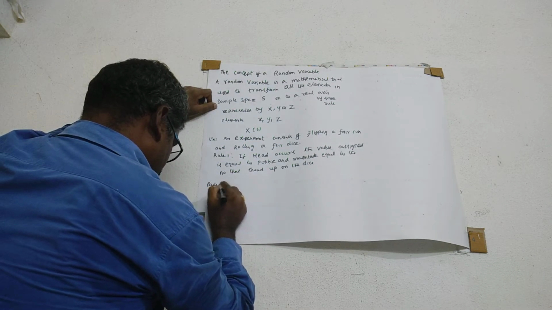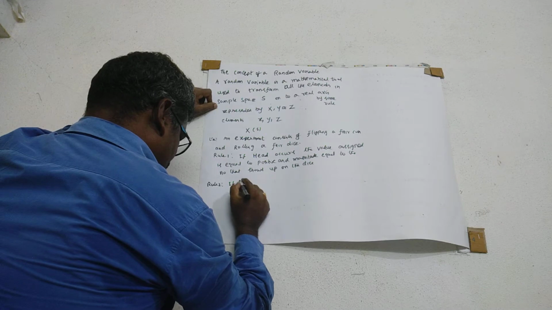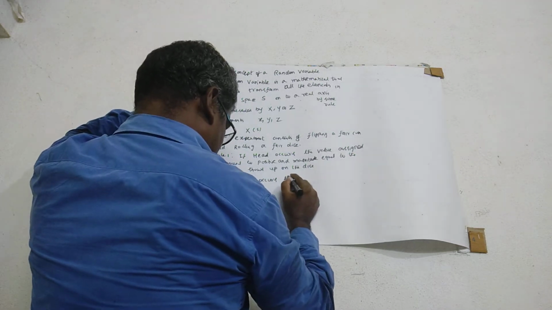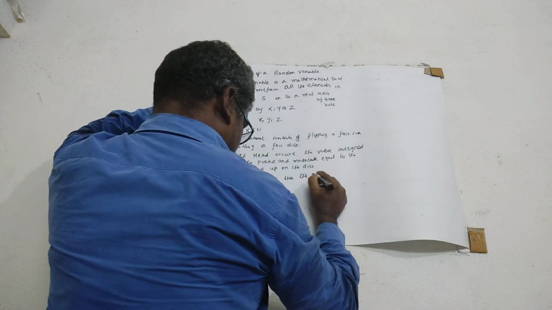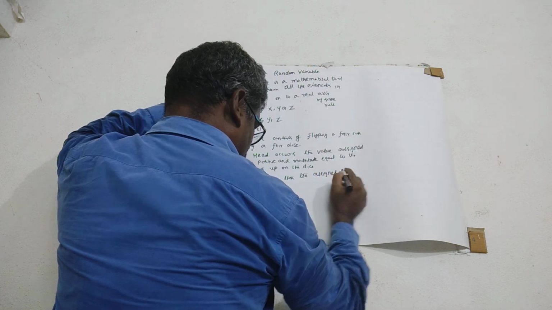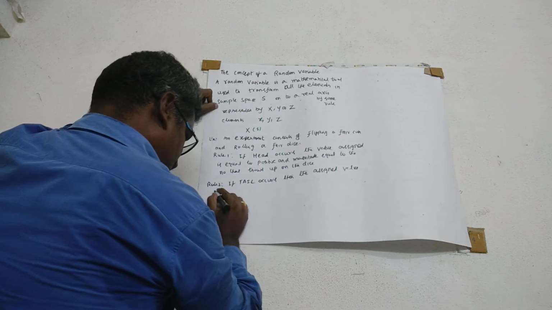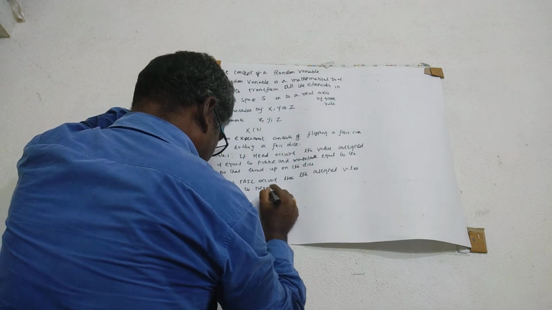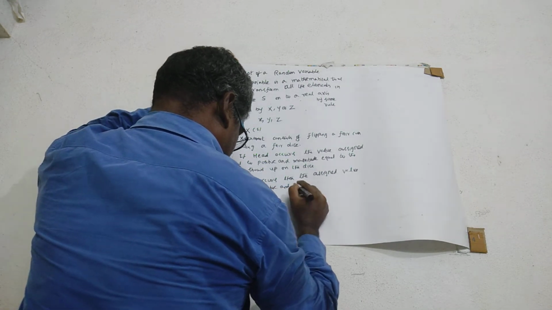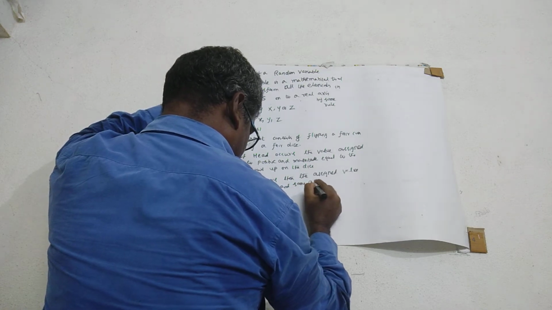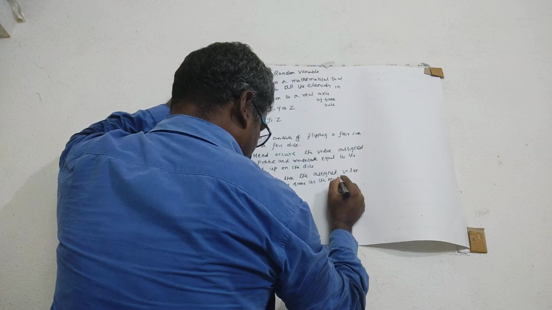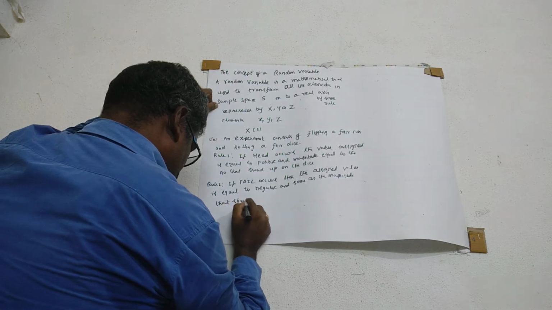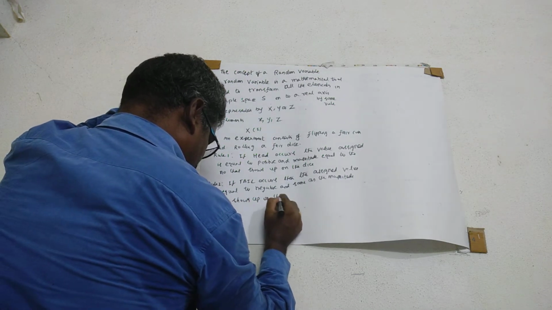What is rule 2? If tail occurs, then the assigned value is equal to negative, and the magnitude is the same as the number that shows up on the dice.